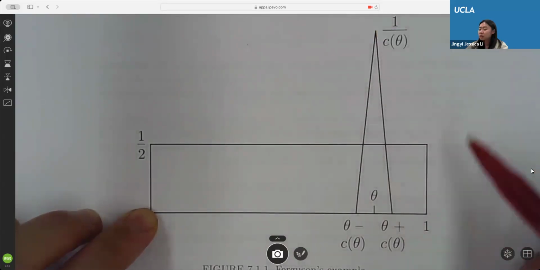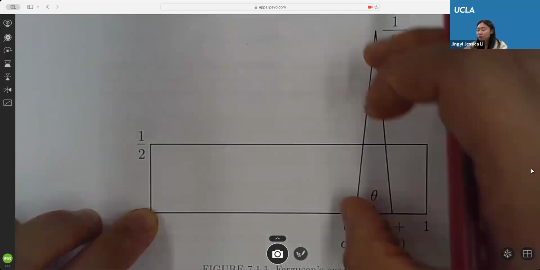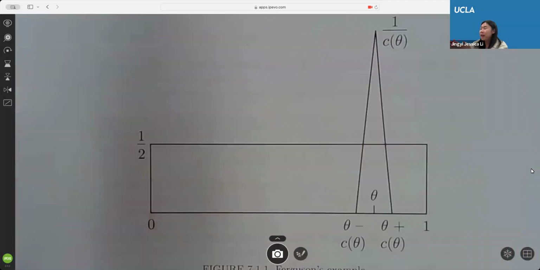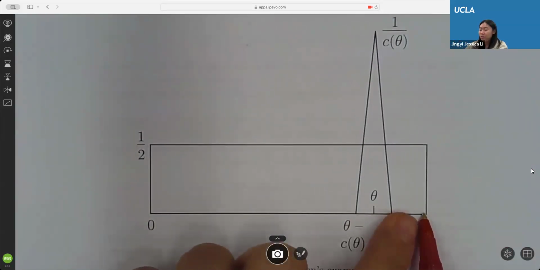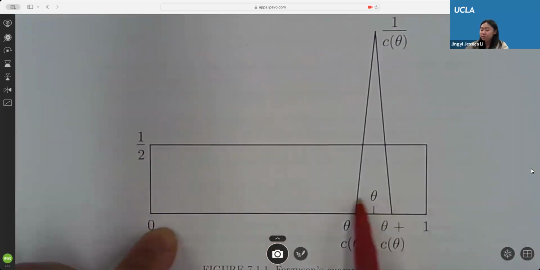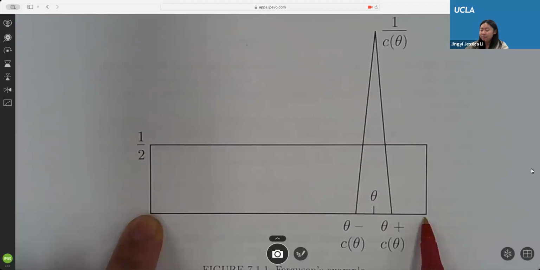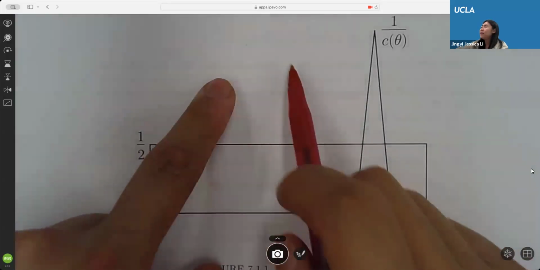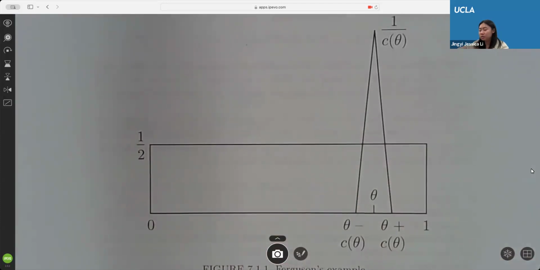If you move theta towards 1, the triangle becomes narrower and narrower and the spike goes up. When theta is at 1/2, the triangle is the widest. So he constructed this counterexample, and your sample is drawn from this mixture distribution.